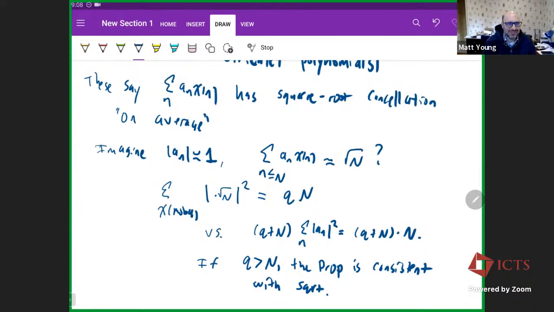Just in this very crude sense that if you plugged in square root cancellation for every single chi, you get a certain bound out, and what we're actually proving is the same as that.